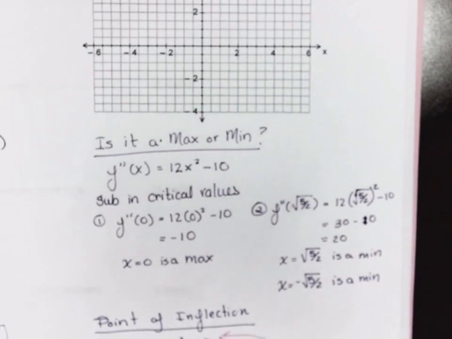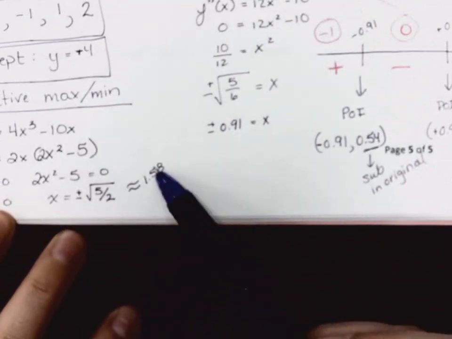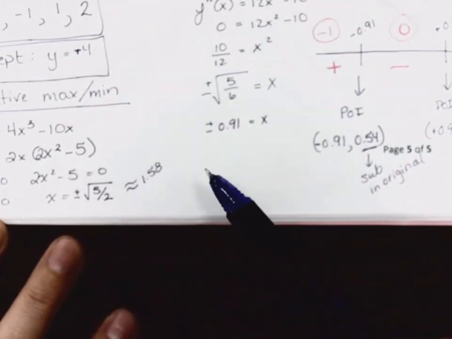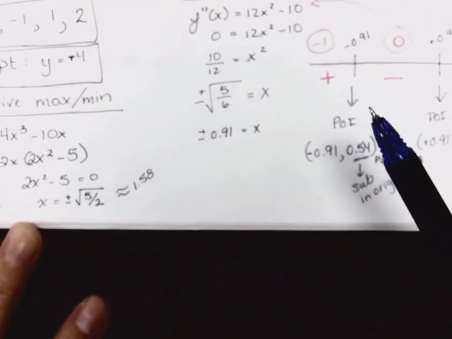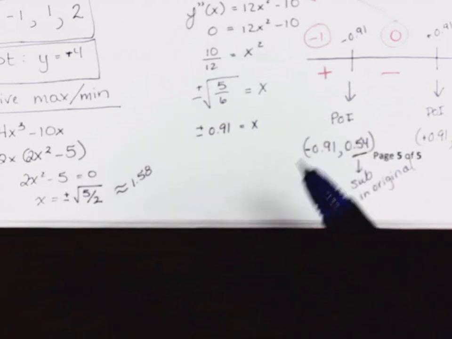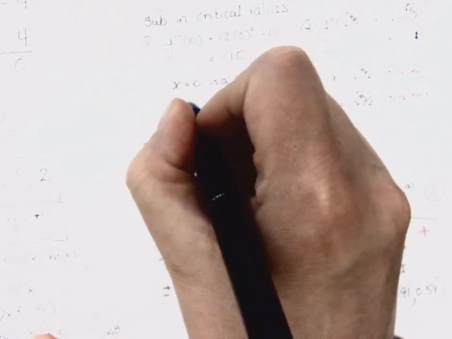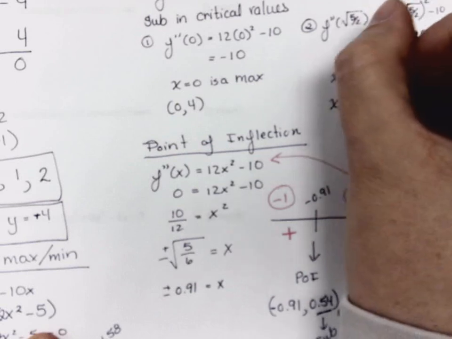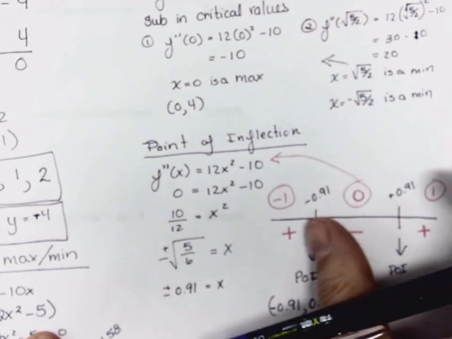You know what we didn't do? We didn't get the y coordinates for these points. We don't actually know where these points are. That would be kind of important. But when x equals 0, we know y is going to be plus 4. So we know x is a max, so that point is 0 and 4. And what's this point? We didn't find the y's on these ones.